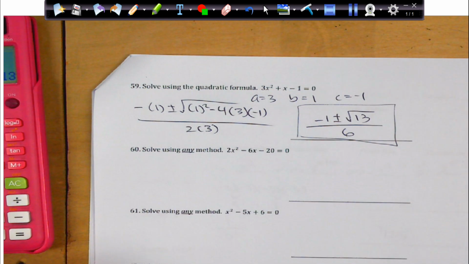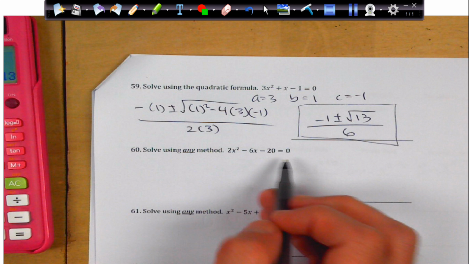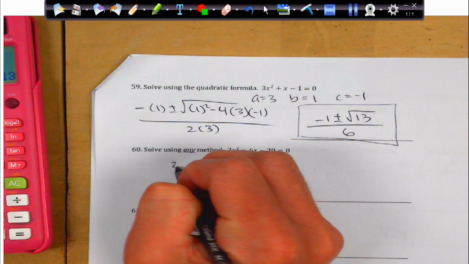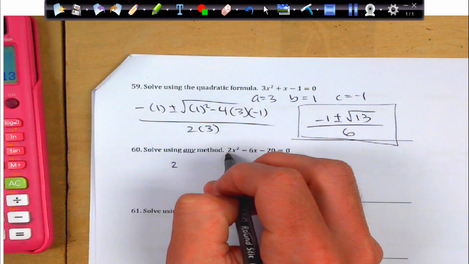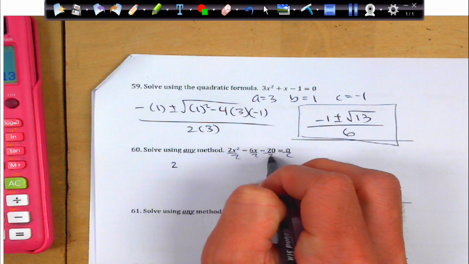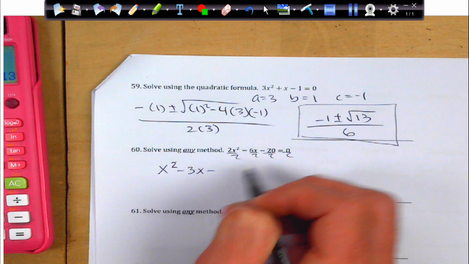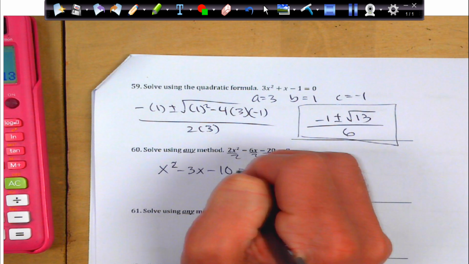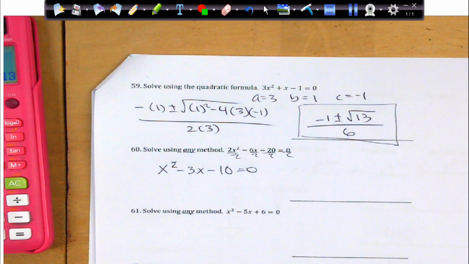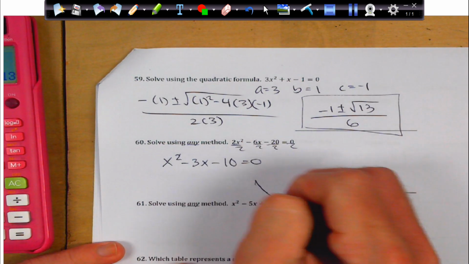Any method, I'm going to go ahead and, first of all, factor 2 out by dividing everything by 2. So that should just leave me with x squared minus 3x minus 10. And then I'm going to say, can I factor this? Are there any numbers that multiply to negative 10 and add to negative 3? I'm thinking negative 5 and 2.